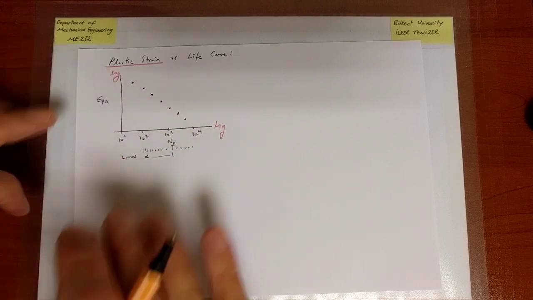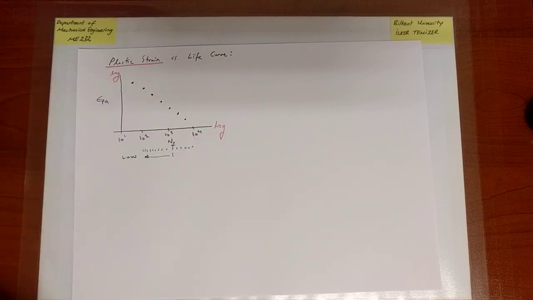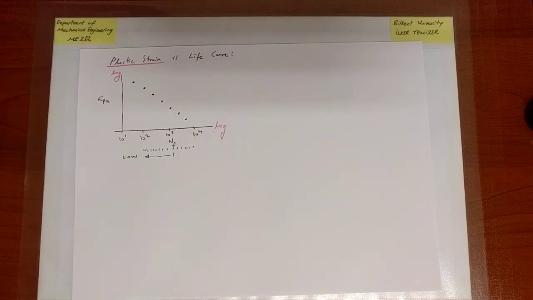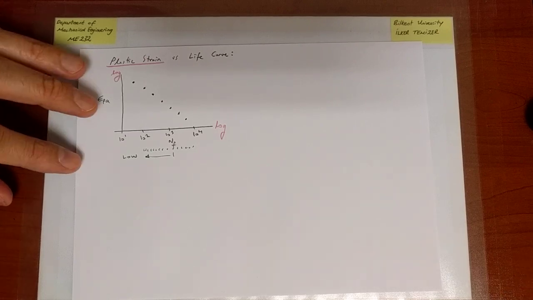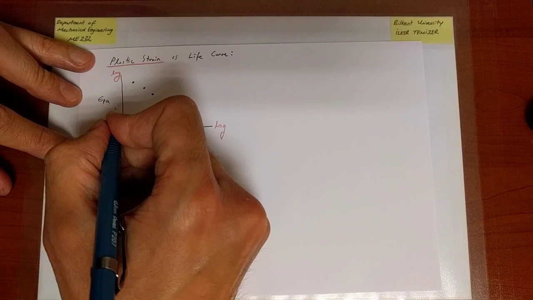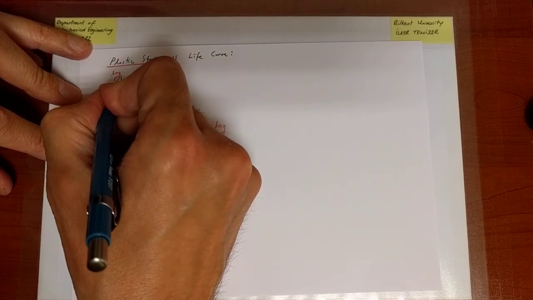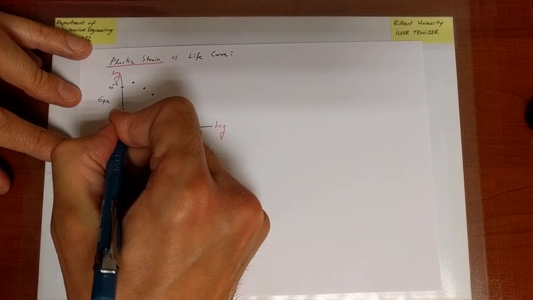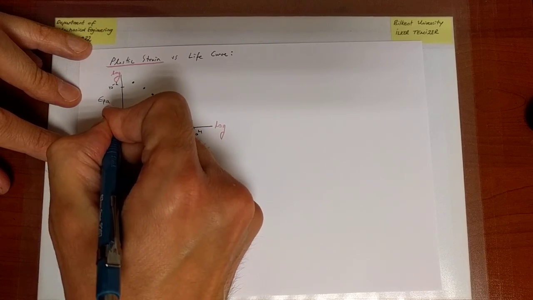But I know that this data for sure has contributions, in fact a significant portion of it has contributions from the low cycle regime. So that's the data that I collect, and the plastic strains that are imposed could be as large as 1%, which is quite a bit of plastic strain. Perhaps they could be even larger.